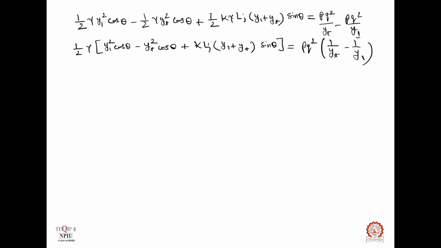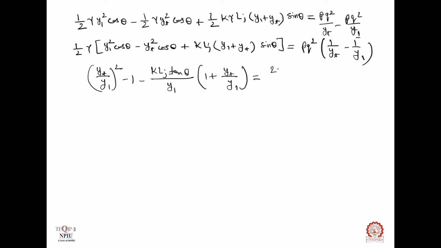On rearranging, this equation will look like (yt divided by y1) whole square minus 1 minus k Lj tan theta divided by y1 into 1 plus yt divided by y1 is equal to 2F1 square divided by cos theta into (yt divided by y1 minus 1) divided by (yt divided by y1).